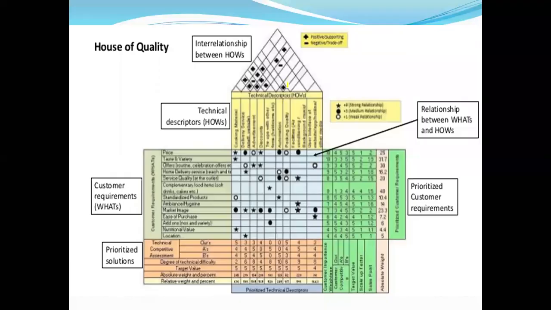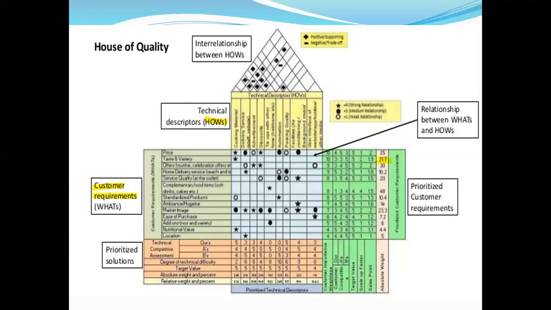Another tool, quality function deployment or house of quality, is a chart that you may know. You are very familiar with it. It is the chart that describes the relationships between the what, which belongs to the customer requirements, and the how, how we provide for the customer need. This chart provides some important things like the percentage of the importance of the what.